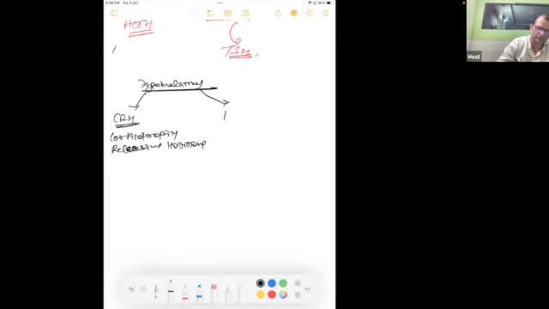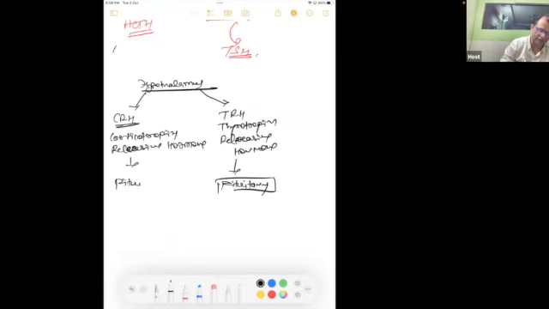The hypothalamus is also secreting TRH, meaning thyrotropin releasing hormone. Now thyrotropin will go to the pituitary gland. This CRH also goes to the pituitary gland. So the pituitary gland will secrete another hormone under the guidance of this.